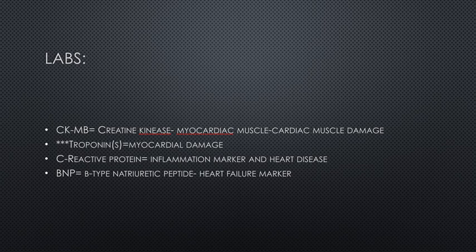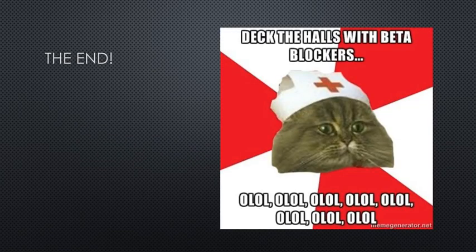Then we've got our C-reactive protein. That is a great marker to tell us if there's inflammation in the body, and that's linked to heart disease. And then our last one, you probably already know this and don't need a reminder, but the BNP, that's your heart failure marker. So just some key labs to have at the forefront of your mind.